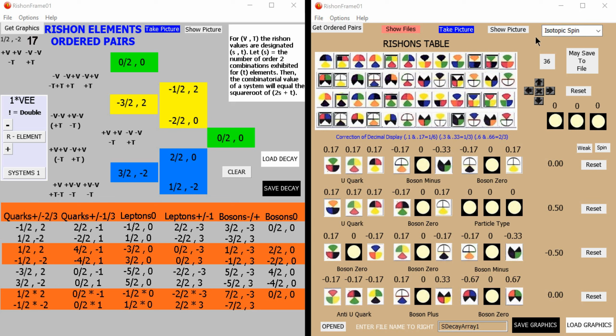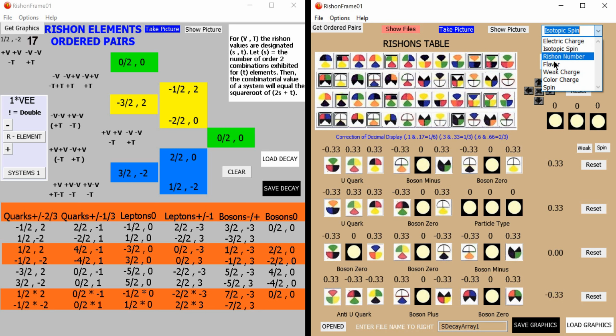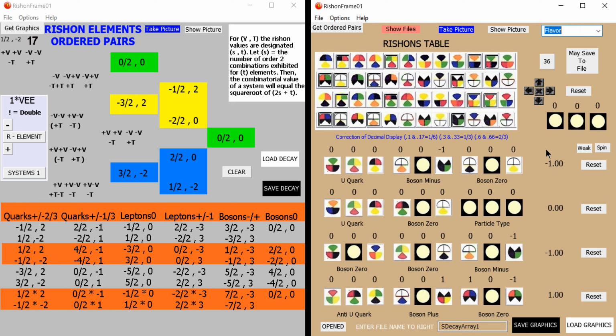So let's take a look at flavor. So let's look at the flavor of the S quark. First, there is no flavor contribution on the rishons of the generic U quark.